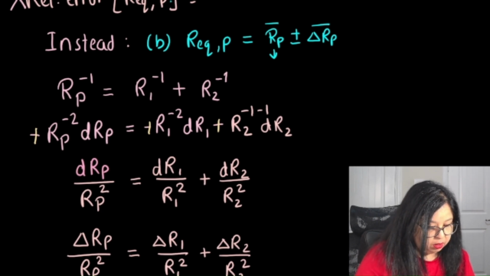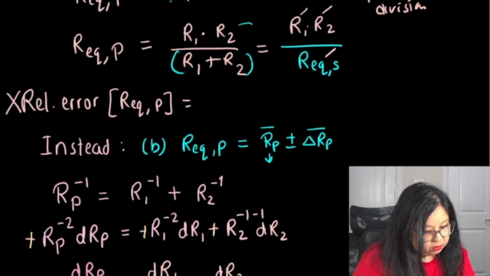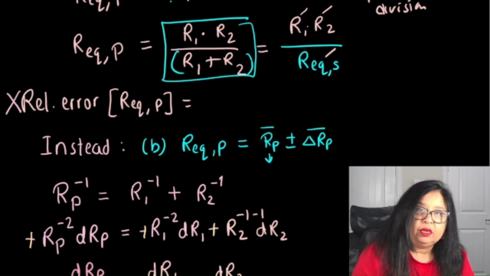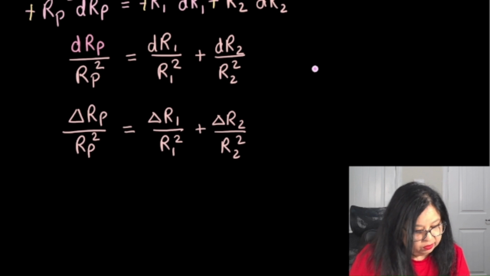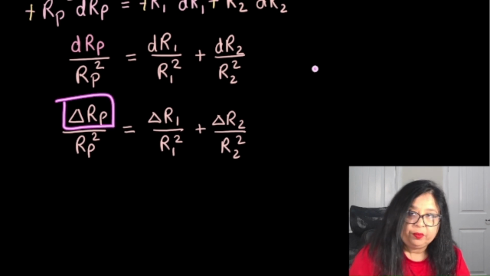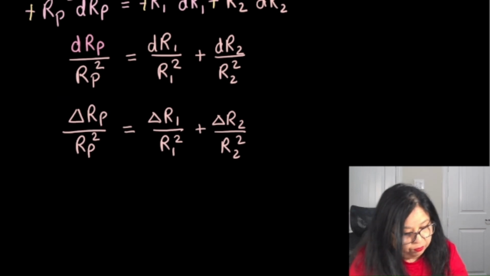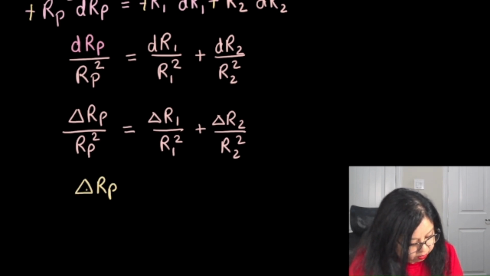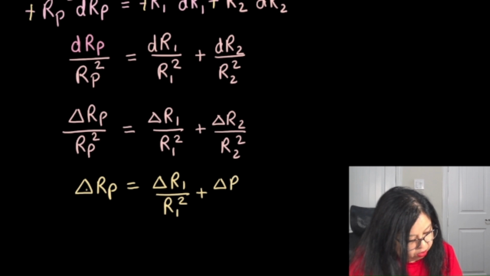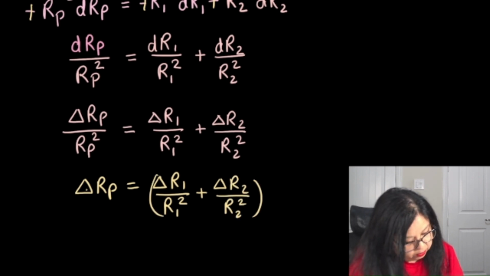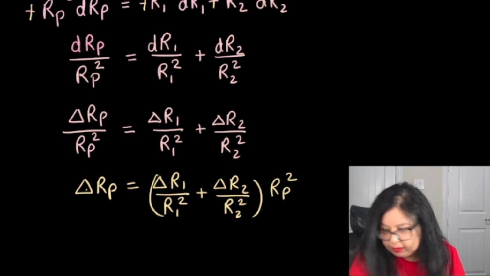This Rp bar is going to be this one over here, while delta Rp bar is equal to this delta Rp. So from here we see that delta Rp equals delta R1 divided by R1 squared plus delta R2 divided by R2 squared, times Rp squared.